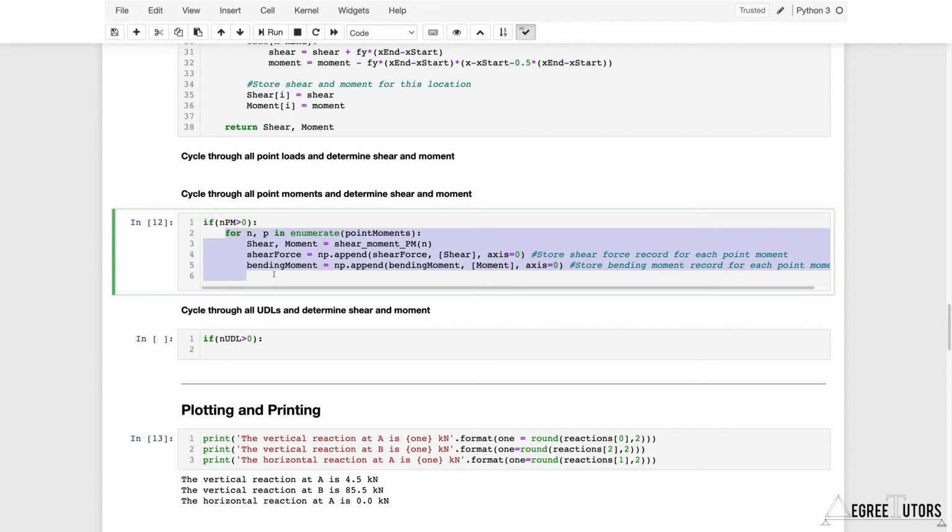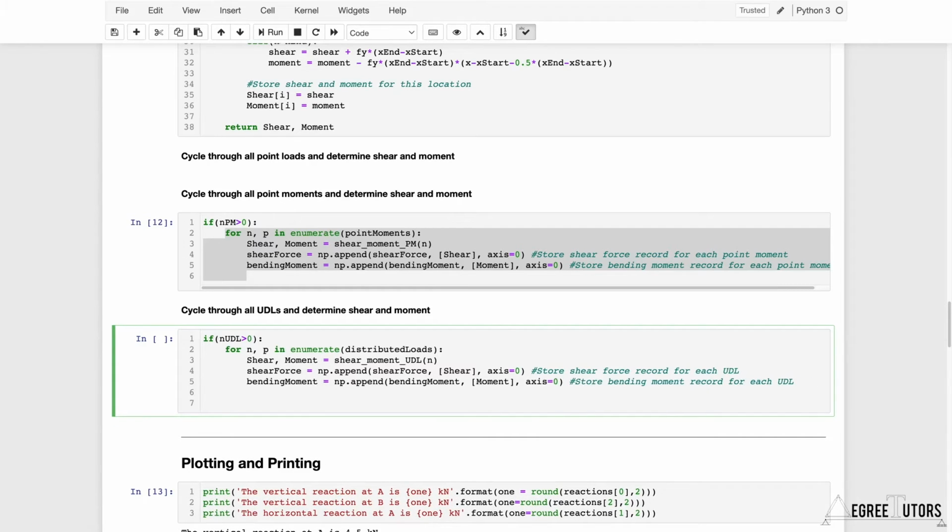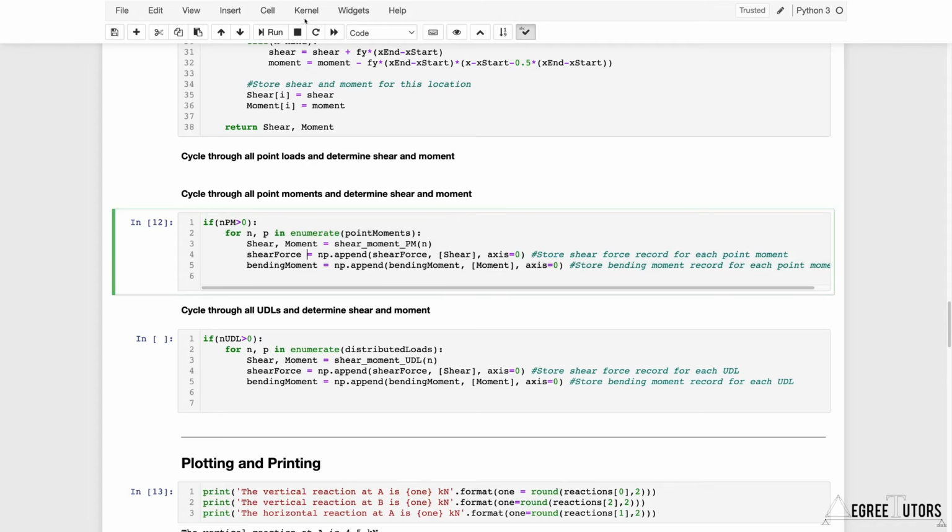So I'm going to copy all of that, drop it in there. This needs to be changed to distributed loads. This needs to be shear_moment_UDL. And then the rest of it can stay the same except for our notes. All right, that should be it. Let's just run this thing and see what we get. Right, so running it from the top.